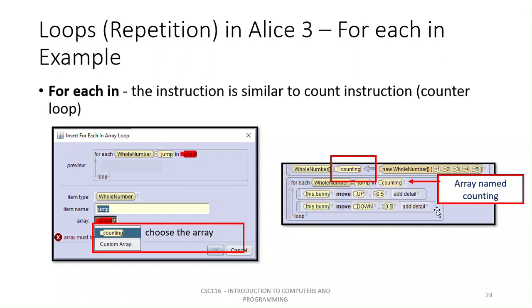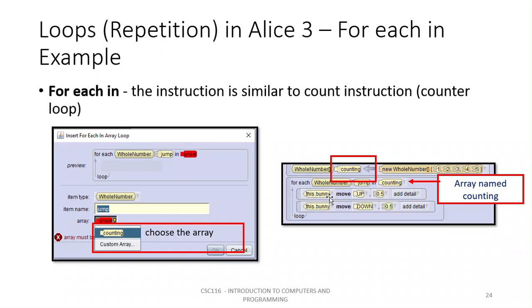So let's say you do this in your Alice: whole number array named counting with these initialized values, and then you drag the for each in block, whole number jump in counting. Then you put these statements: this bunny move up 0.5, this bunny move down 0.5, and they are already inside the for each in block.